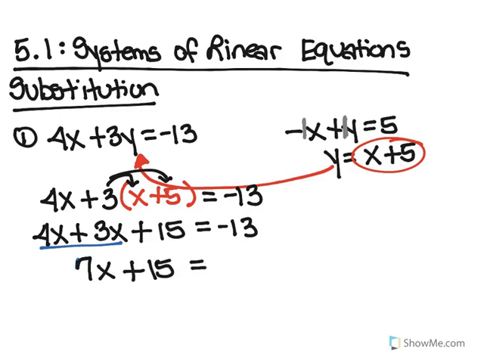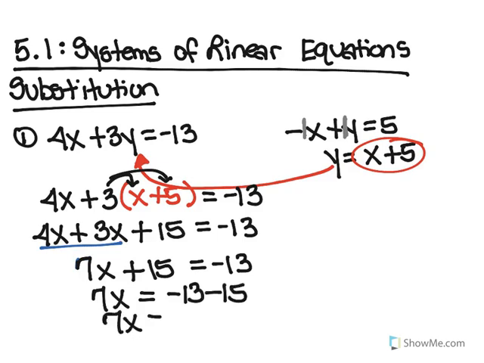Plus 15 equals a negative 13. I'm going to subtract 15. I get 7x equals a negative 28. Divide by 7. x equals negative 4. So my x coordinate is negative 4.